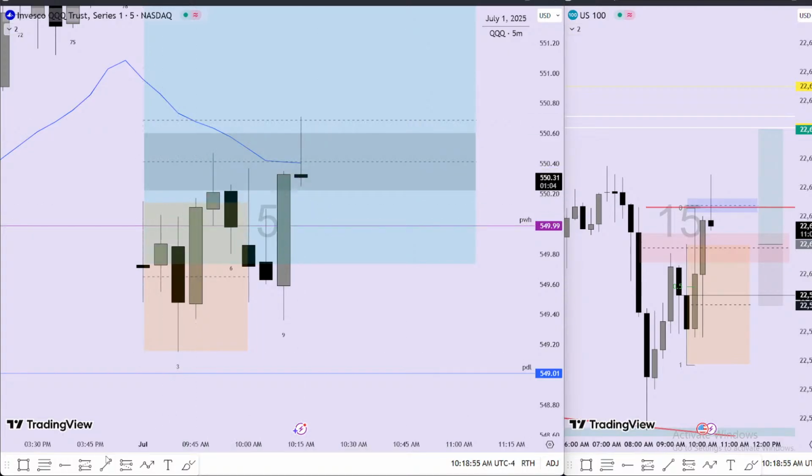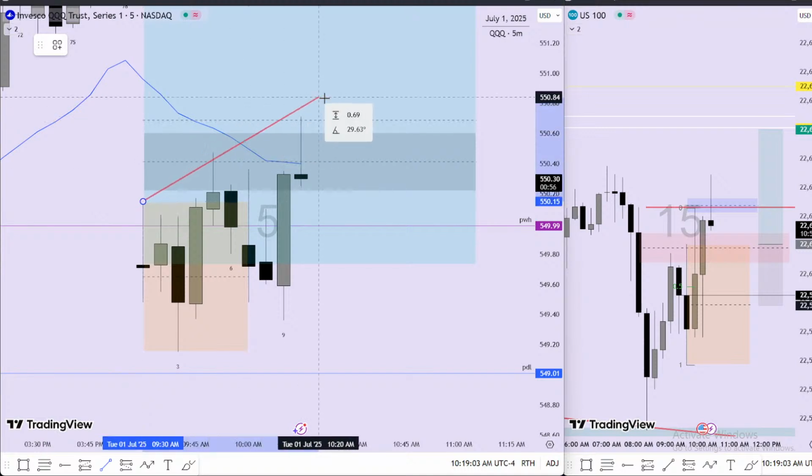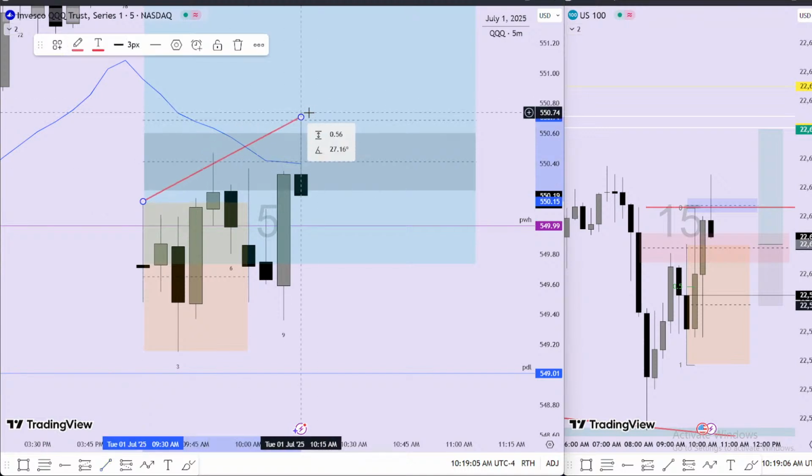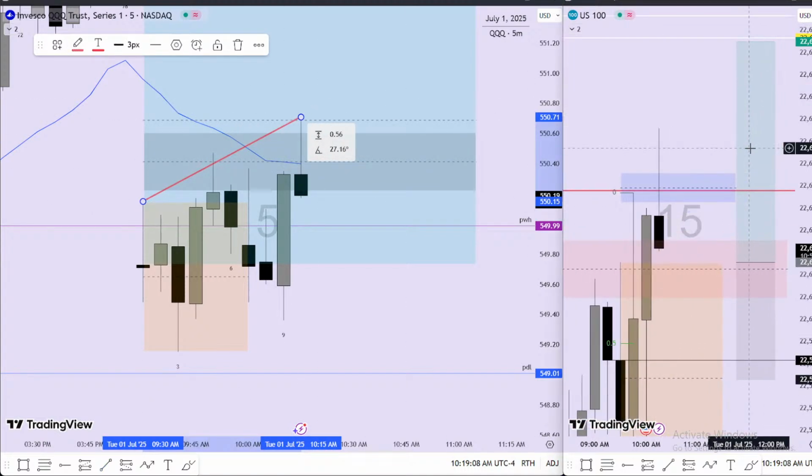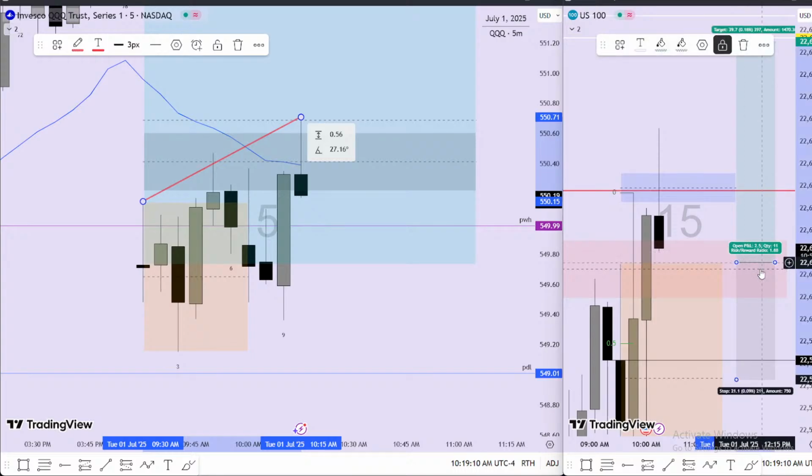Made a wedge. It's a bad follow through. I can get out break even if we get a bad follow through. Putting my stop loss at break even.